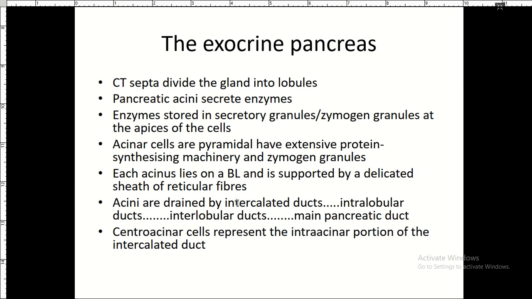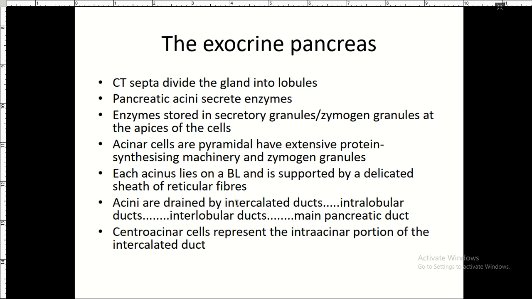Let's start with the exocrine pancreas. So you have the connective tissue coming from the capsule, which divides the glands into lobules, which are called pancreatic lobules. And within these lobules, you have pancreatic acini or secretory acini that will be secreting digestive enzymes. Enzyme will be stored into granules, right, at the apex of the cell.